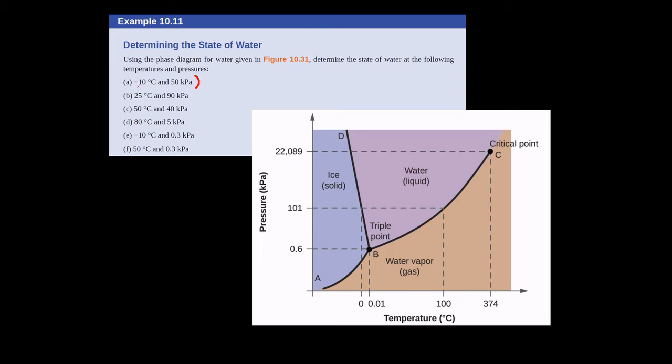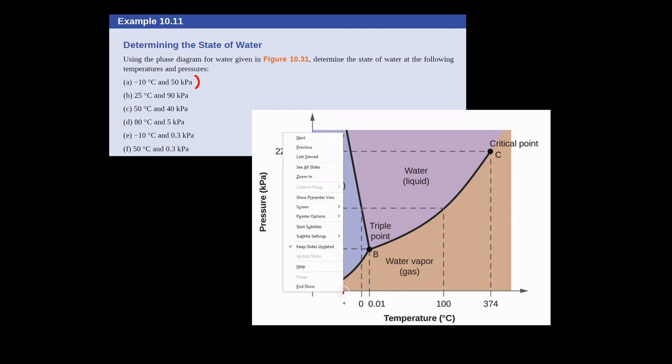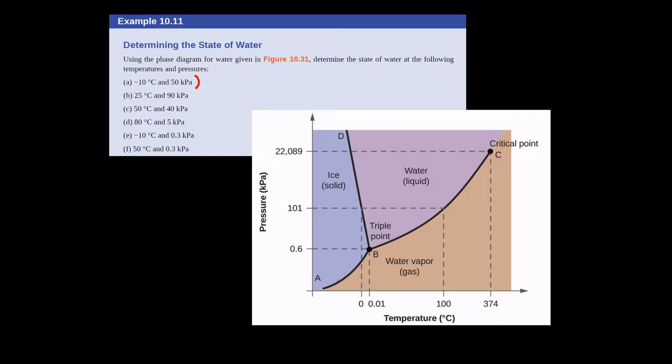So for the first one here, -10 and 50. Well, the markings here are not great, but we can use them. So if this is 0, -10 might be somewhere like here. Negative 10 might be right there, and then 50 kilopascals would be somewhere about right there.